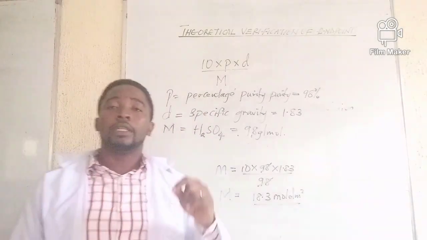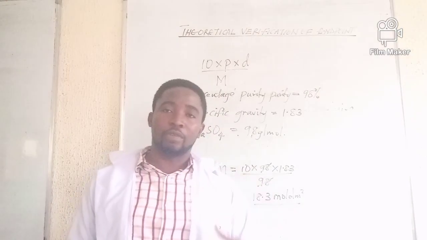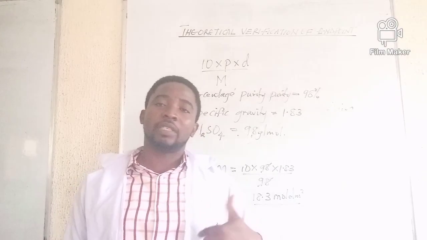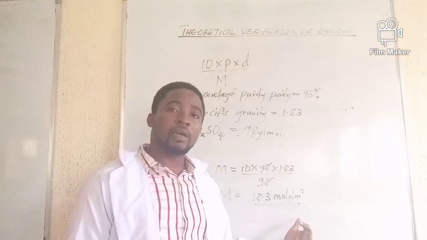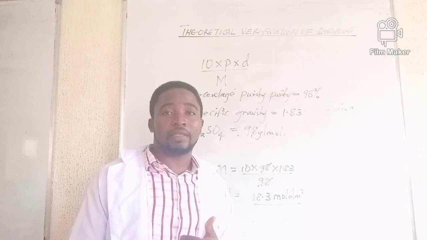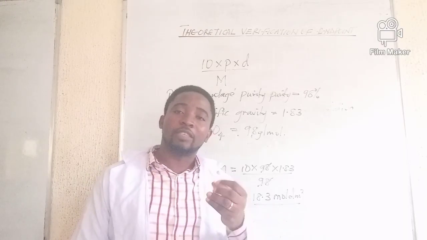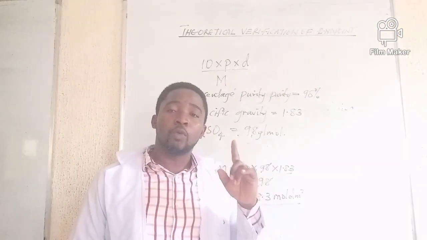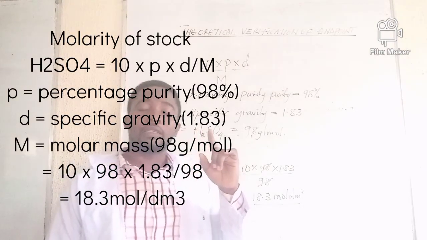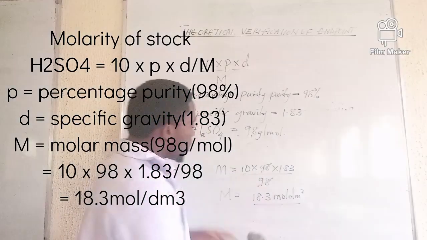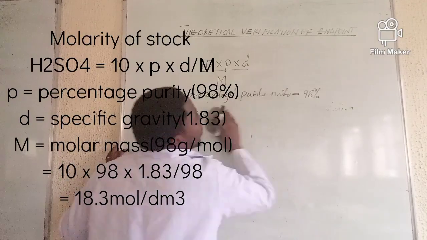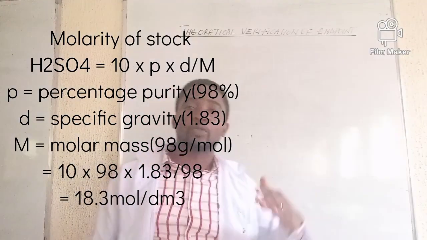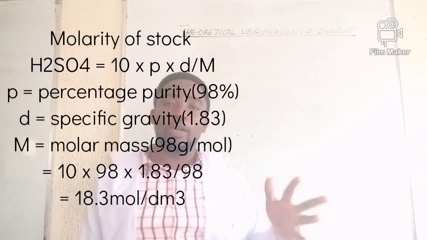You are going to use the equation of dilution, because you are asked to measure 3.8 centimeter cube of this stock solution and dilute it in 1,000 ml, or 1 liter, of water. You are asked to make it up to 1,000 ml, not to add 1,000 ml of water.